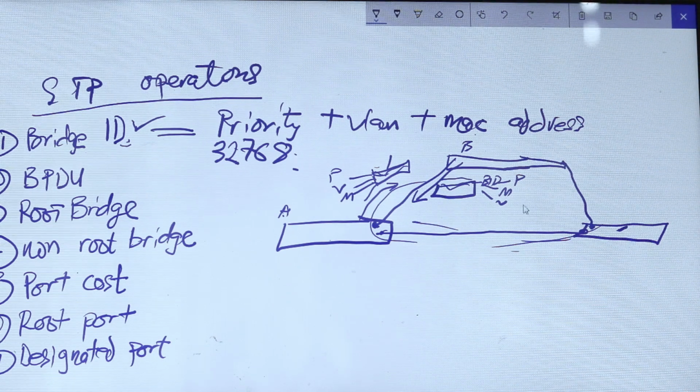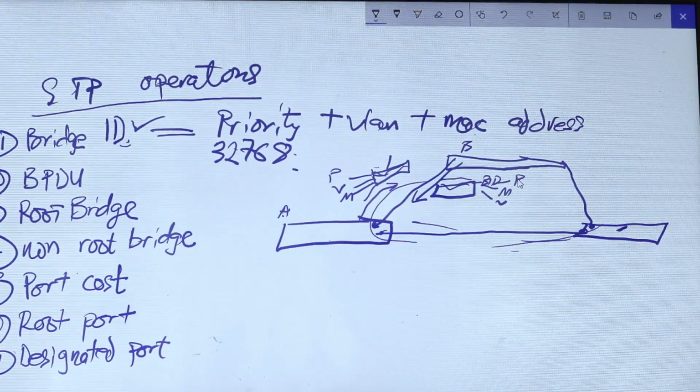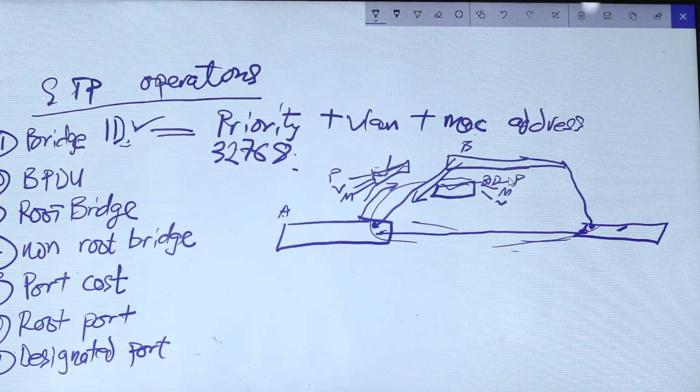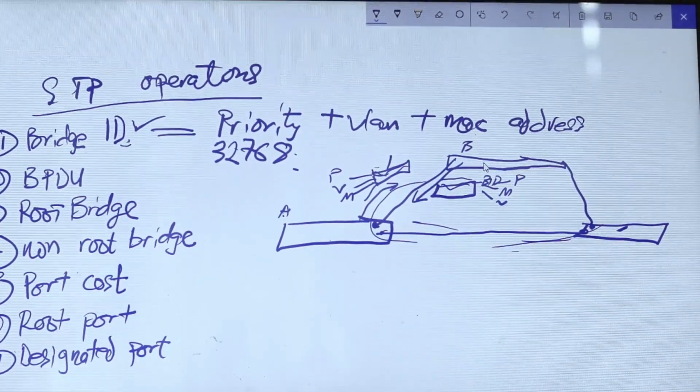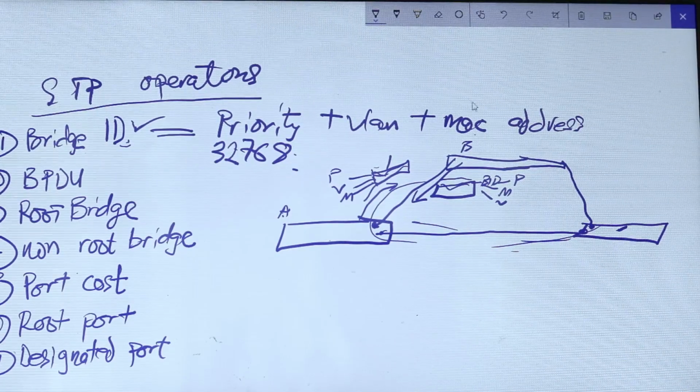So at the end of the day, every switch will get to know the information about any other switch with the help of the BPDUs. Is that point clear?